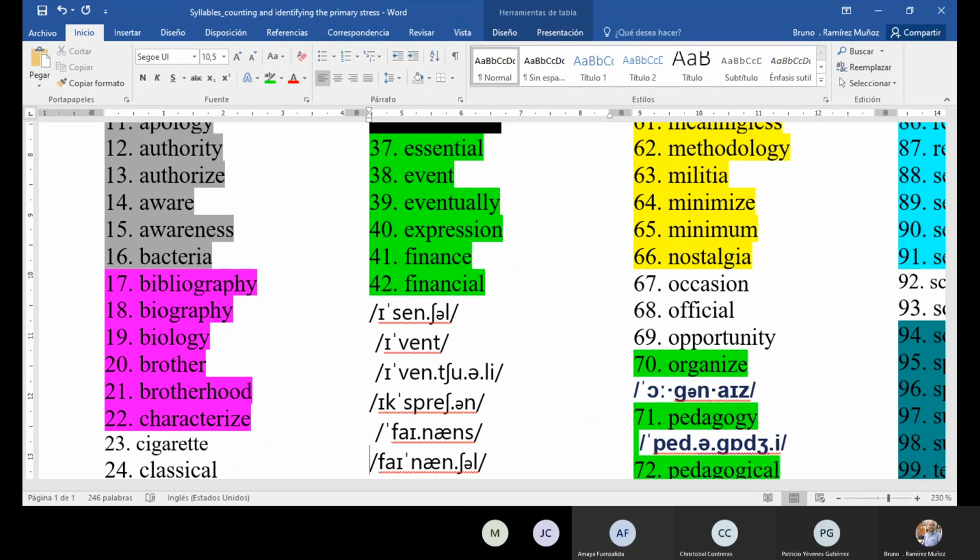And the last, financial, has 3 syllables, and the stress is placed on the second syllable. Excellent. Very well done. You can say "and the prominent sound" or "and the prominent syllable." That's totally fine.